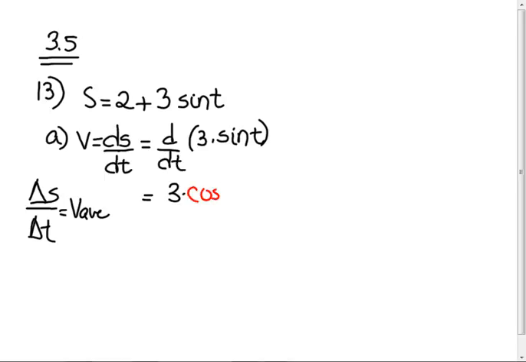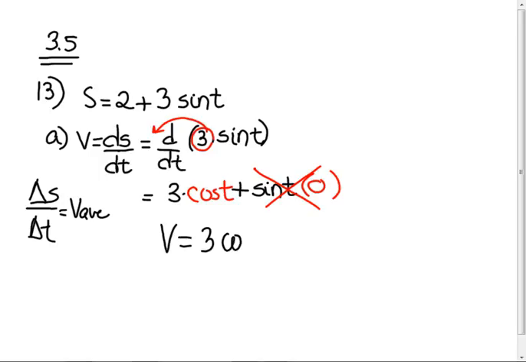Cosine of t, plus the sine of t times the derivative of the 3. What's the derivative of a constant? 0. And that's why you can just pull the 3 through the operator. That always happens. That goes away. And there it is. So my velocity is 3 cosine of t.